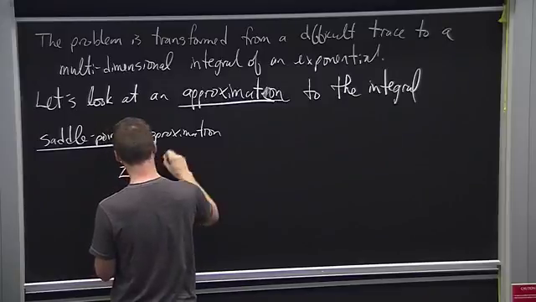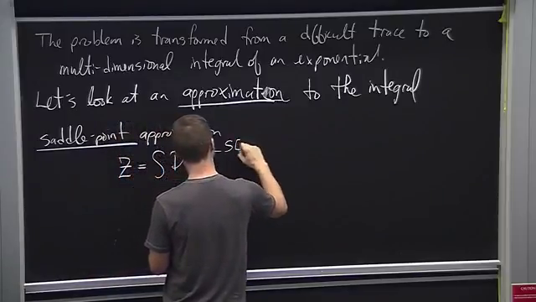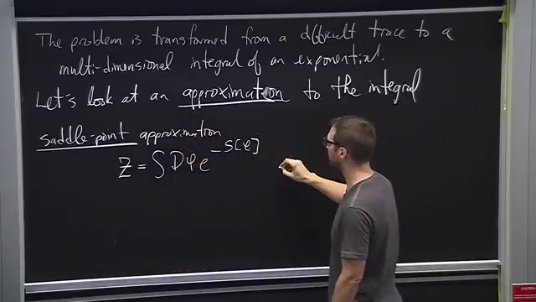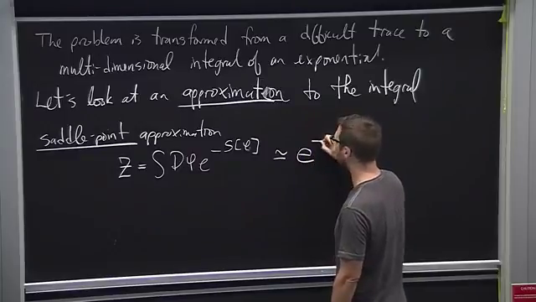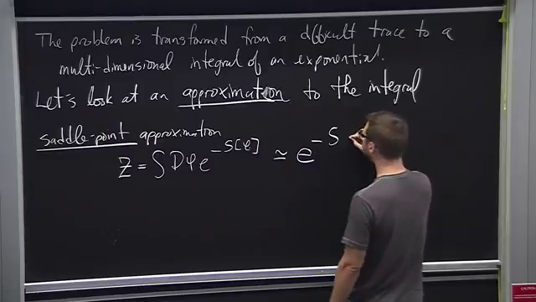So that's Z, the functional integral. The approximation is just replacing that entire integral with e to the minus S.